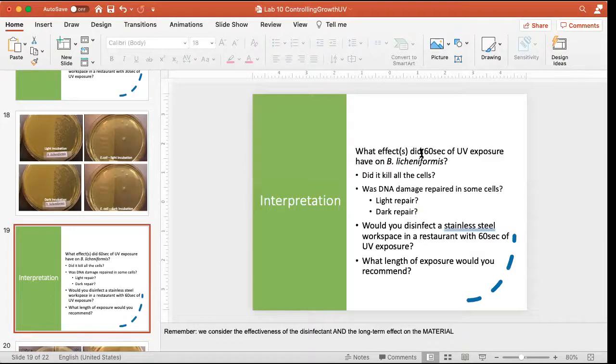So what effect did 60 seconds of exposure have? Let's start with Bacillus. Did it kill all the cells? Yes. Was DNA damage repaired in some of the cells? No, at least not successfully, not to the point that would have saved the life of the cell. Some repair might have gone on.